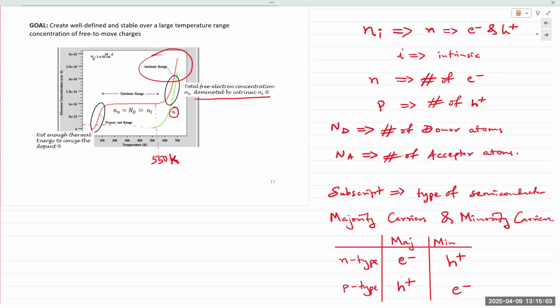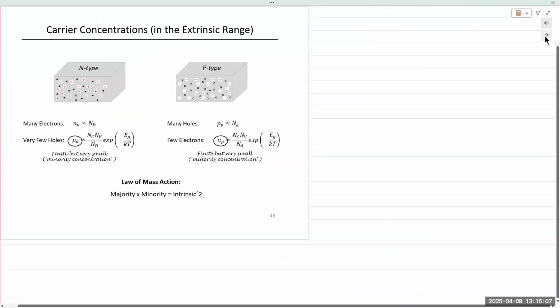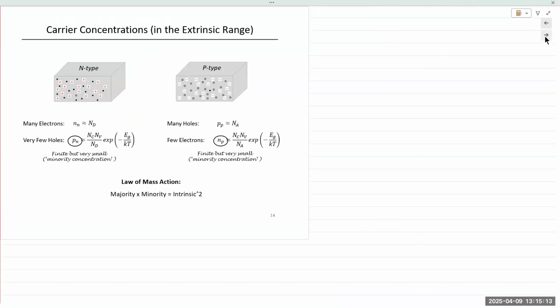So having said that, let's go into the next slide. All right. So carrier concentrations when you have a doped material. These are the equations for the carrier concentrations in a doped material. Now, N-type material, you see these are electrons, and these are the donor atoms.